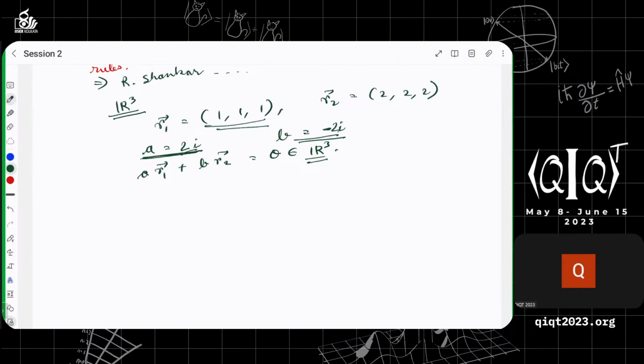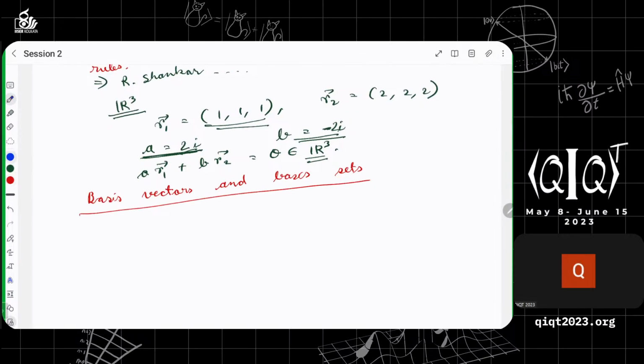All right, so now we will look at a very important concept related to vector spaces, and that is the concept of basis vectors and basis sets. Okay, now let's look at it in general terms.